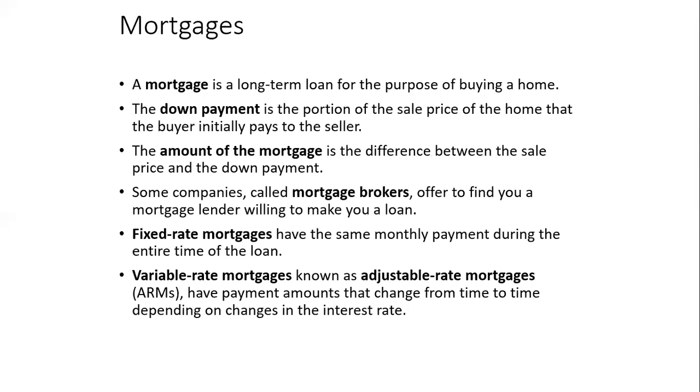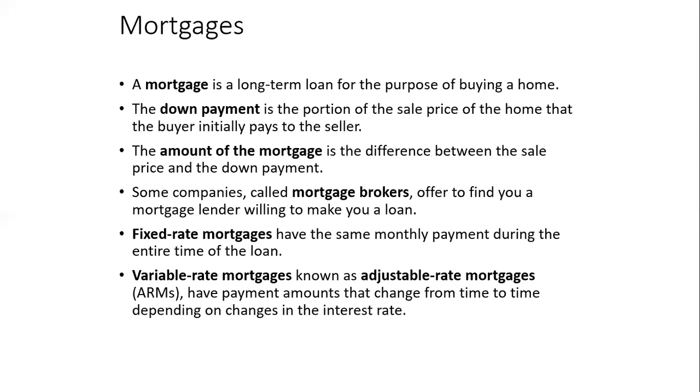The down payment is the amount of money that you put up front, that you have to pay before you can say, okay, I'm able to buy this house. I want to show you that I'm able, so here is a percentage of it up front.